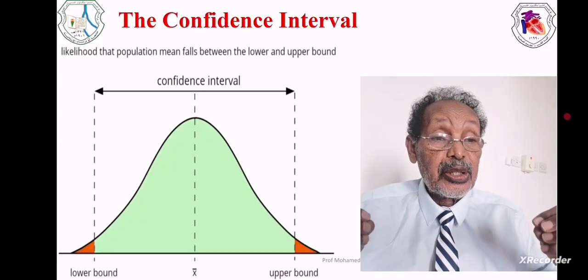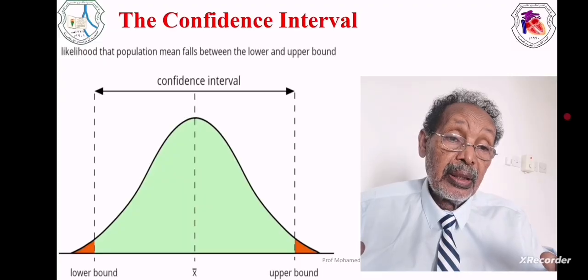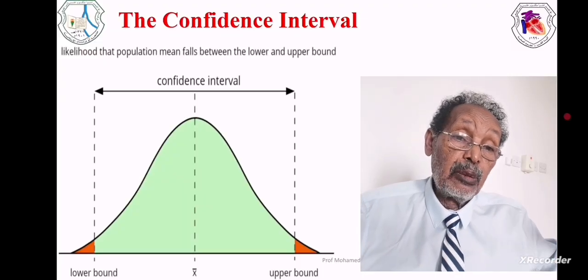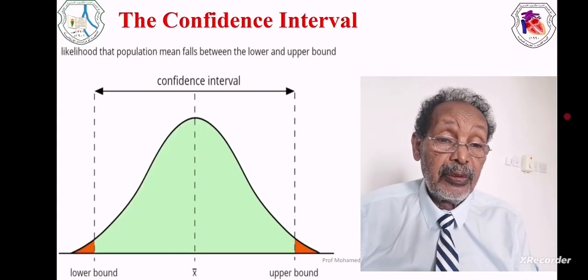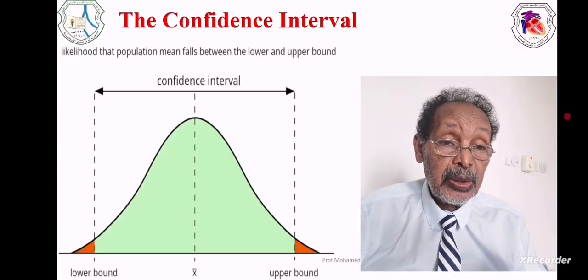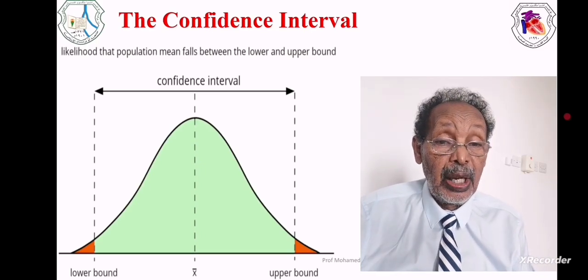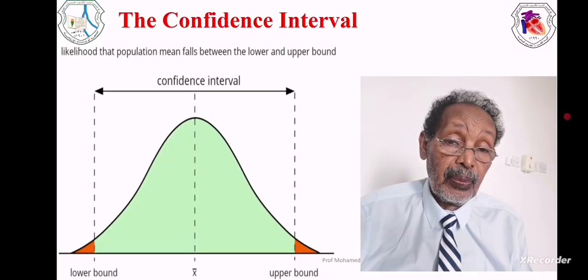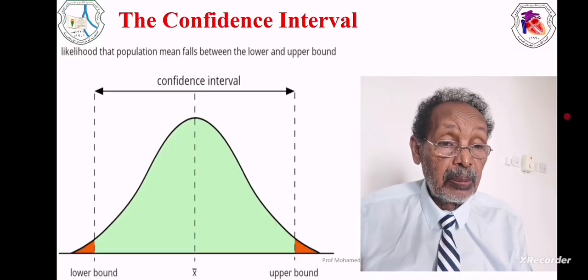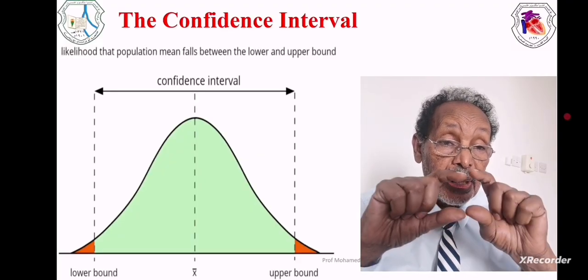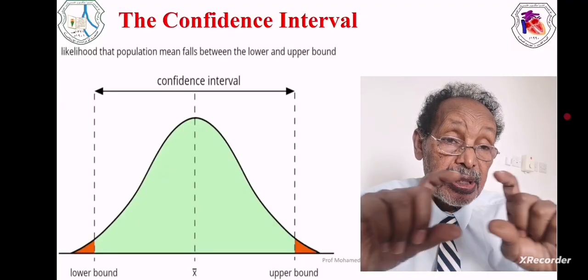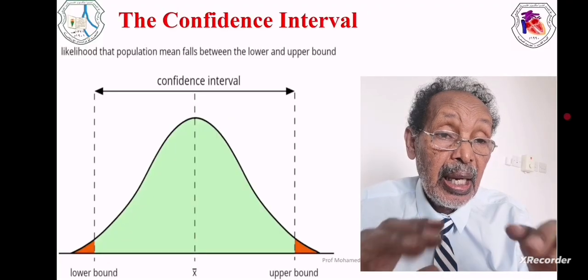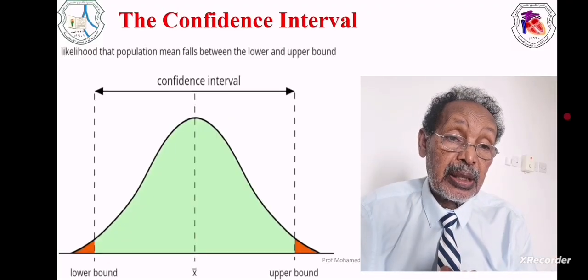The 5% will split equally into two halves: 2.5% above the upper bound and 2.5% below the lower bound of our 95% confidence interval. The confidence interval contains the mean and 95% of the estimates around the mean.